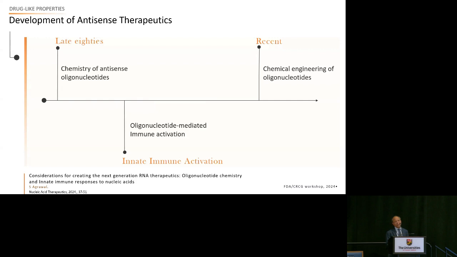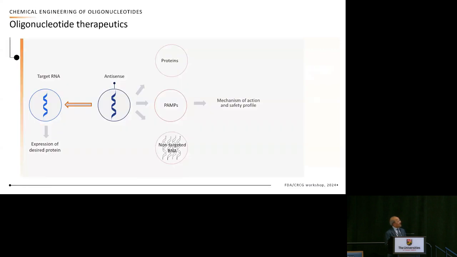So based on this knowledge, how can we use chemical engineering to create better compounds? In this case, antisense designed to bind to RNA, now we know that they are binding to proteins, they are binding to pathogen-associated molecular patterns, pattern recognition receptors, and they could also be binding to non-targeted RNA. So can we avoid these and maybe create better compounds?